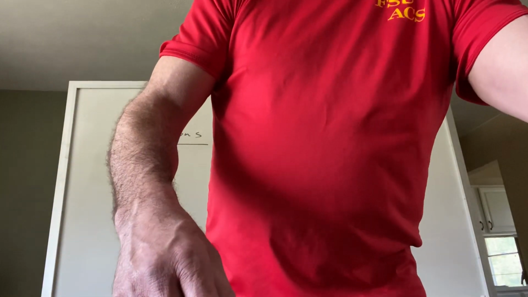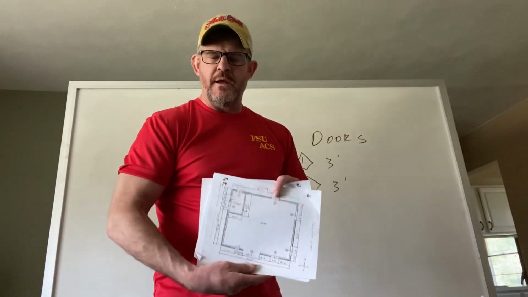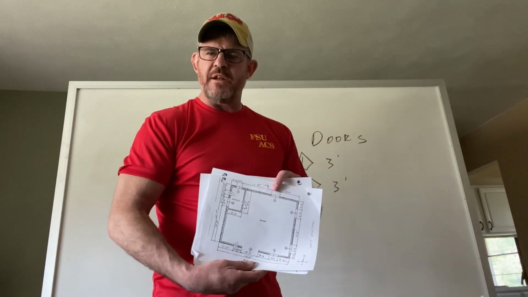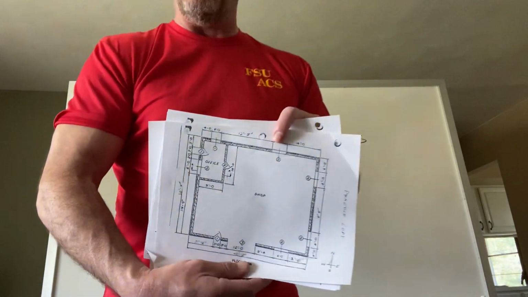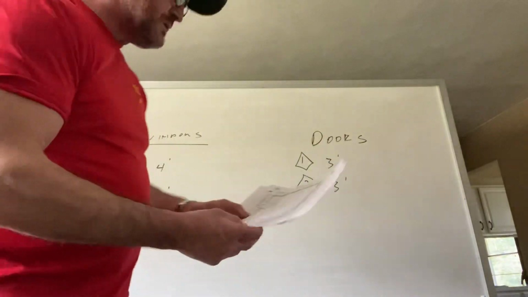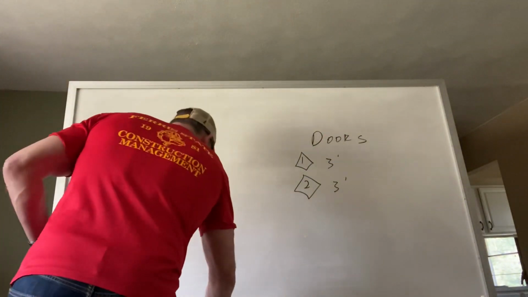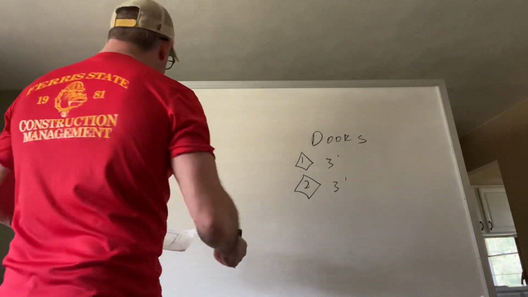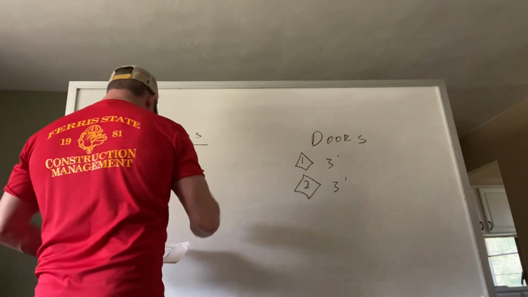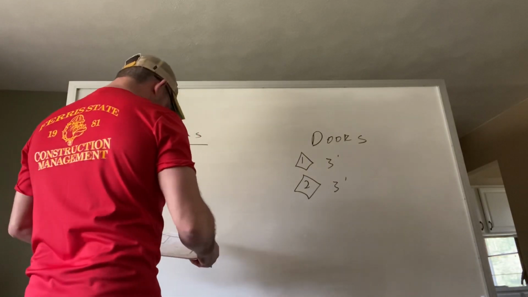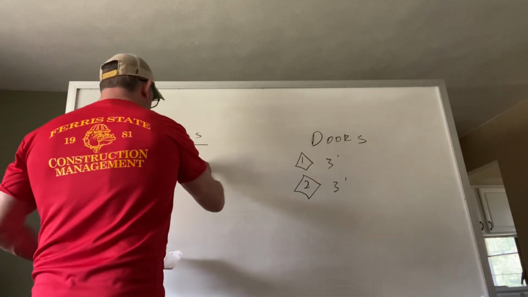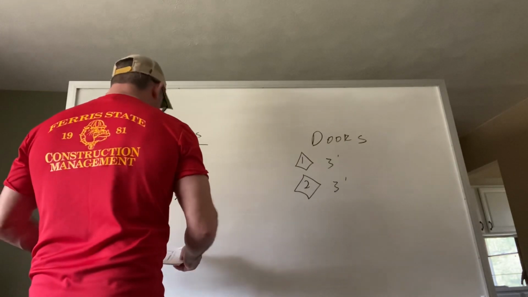So therefore, I do not need door number 3 for the sake of this quantity takeoff. Now I can go back to the information that I just determined, and I can do the same thing by determining how many I have of each opening. We can either look at our print or go back to our last problem. How many window number 1 do I have? I've got 1. How many window number 2 do I have?